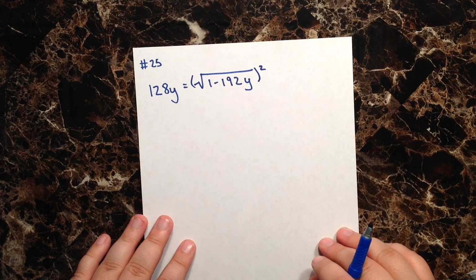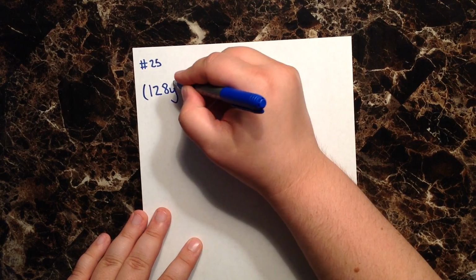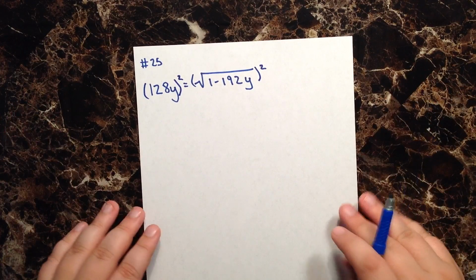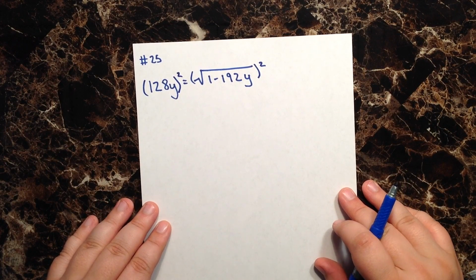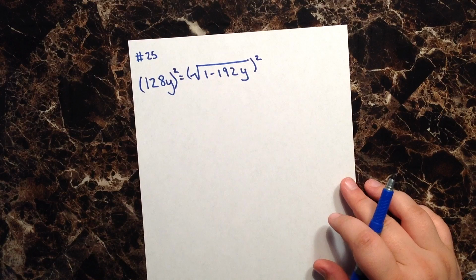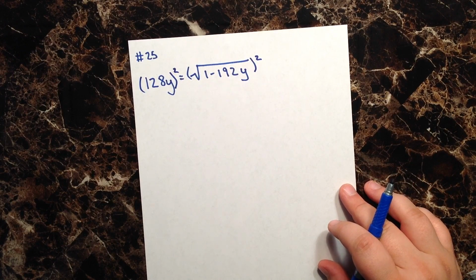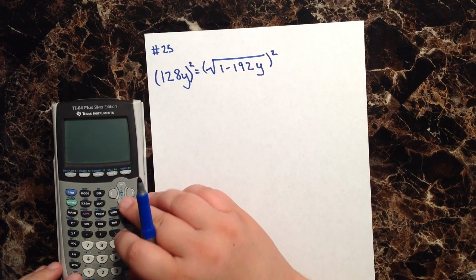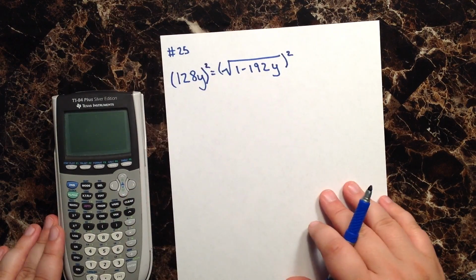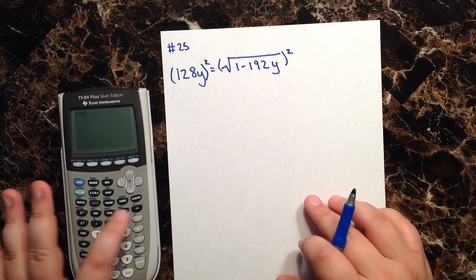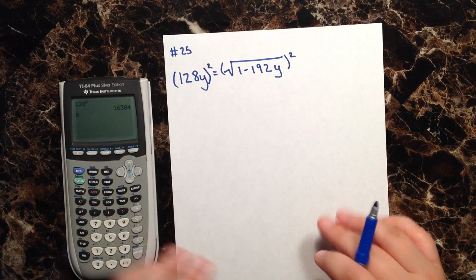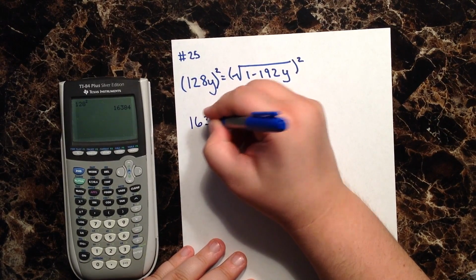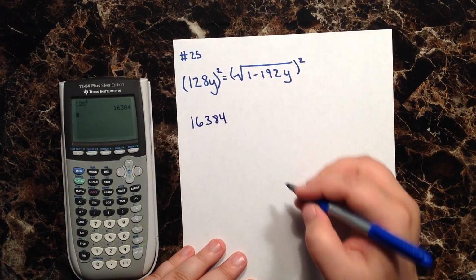But I can't just square one side, right? Whatever I do to one side, I have to do to the other, so my equation stays balanced. When I do that, I'm going to get 128 squared, which is probably a pretty big number. So let's get our calculator. 128 raised to the second power gives me 16,384.